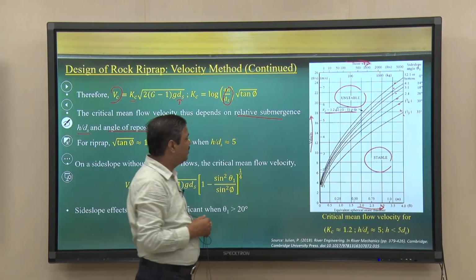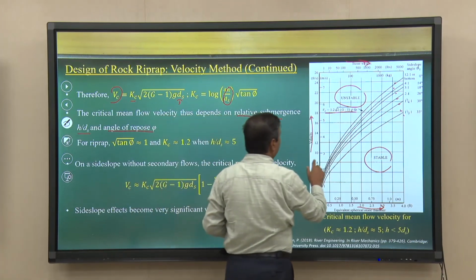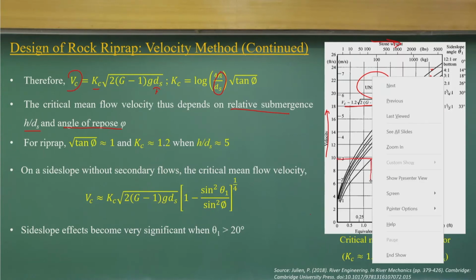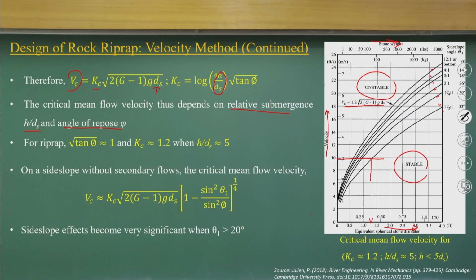That means, if I consider my flow is 3 meter per second and I am designing for this slope, we can find out the equivalent spherical diameter, and opposite of that the stone weight, which I can also find. In the same way I should consider stable regions, not the unstable regions.